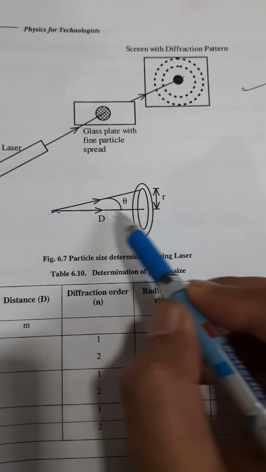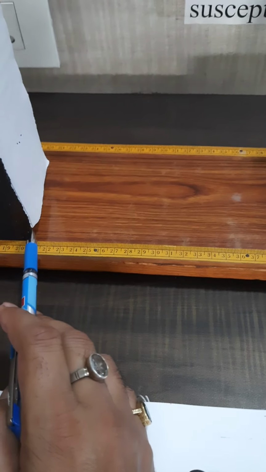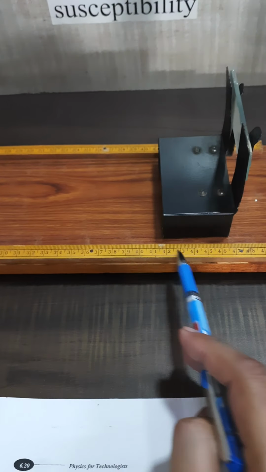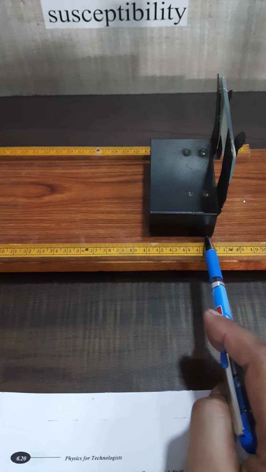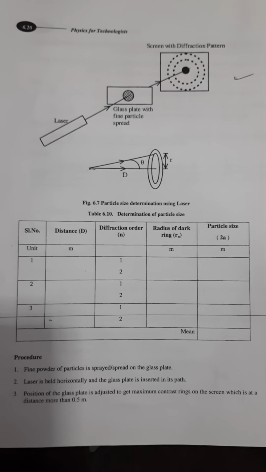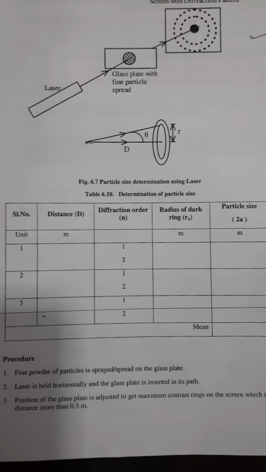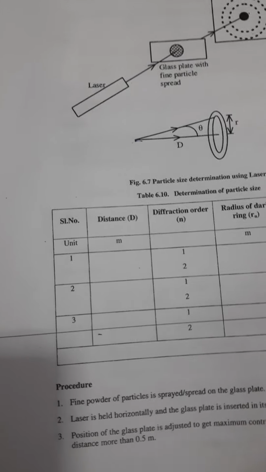Capital D is the distance between the obstacle and the screen. This is the tabular column displayed here in the manual, so we can note down all the values and record our observations in this tabular column.